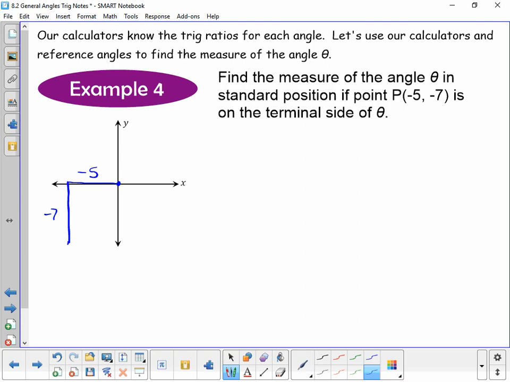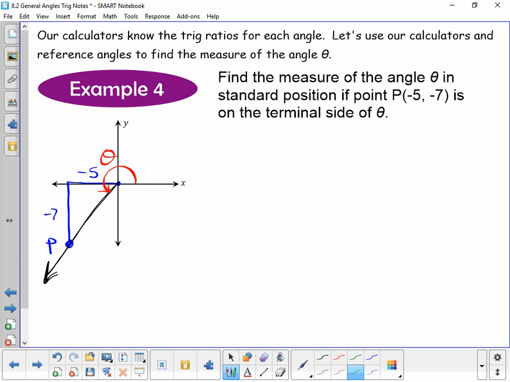So this would be my point P right here. If I drew the terminal side of the angle, we would be looking for this angle theta. I want to know how big it is. I can see from my drawing that it's greater than 180 degrees and less than 270 degrees. It's in the third quadrant.